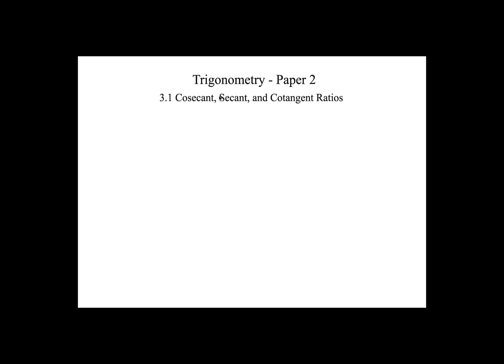Today we're going to talk about the trigonometry that you're going to see on paper 2. Section 3.1 in the textbook talks about the cosecant, secant, and cotangent ratios, which are simply the inverses of our trig functions, sine, cosine, and tangent. So cosecant is 1 over sine.